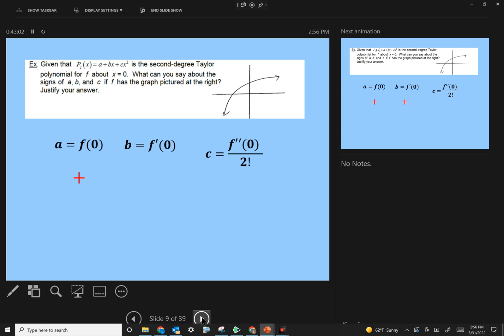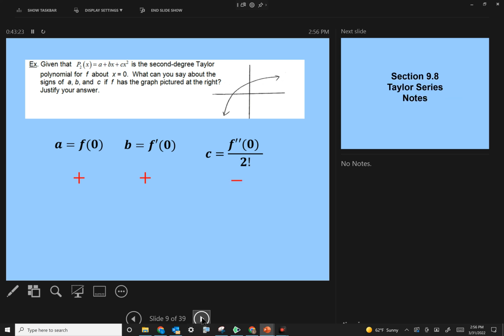They just said what sign. What about the derivative at 0? Positive or negative? Positive because my graph is increasing. There you go. And what about, does the over 2 factorial change the positive or negative at all? No. So the second derivative, positive or negative? Negative. I like that one. That's a good one.